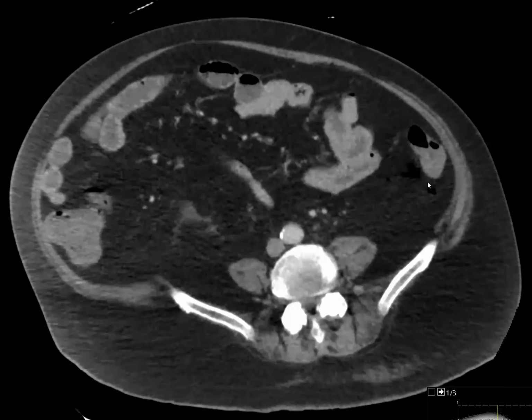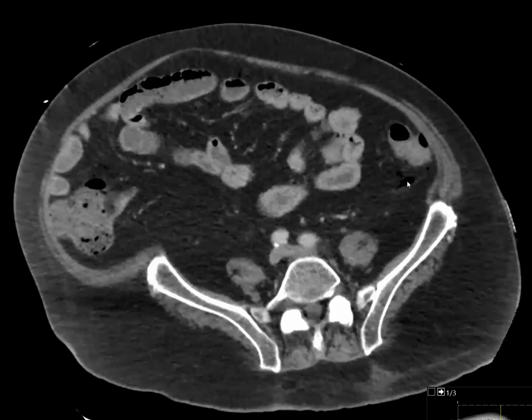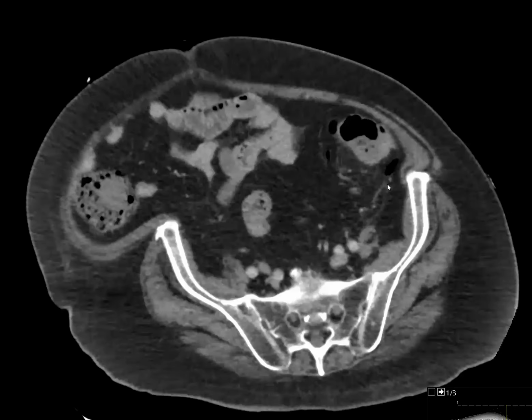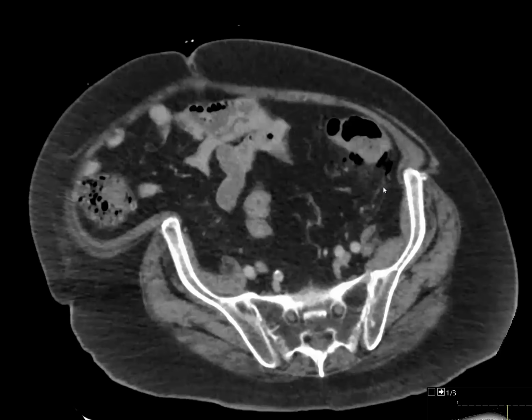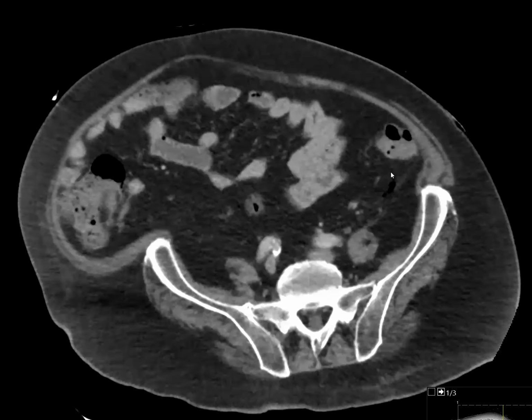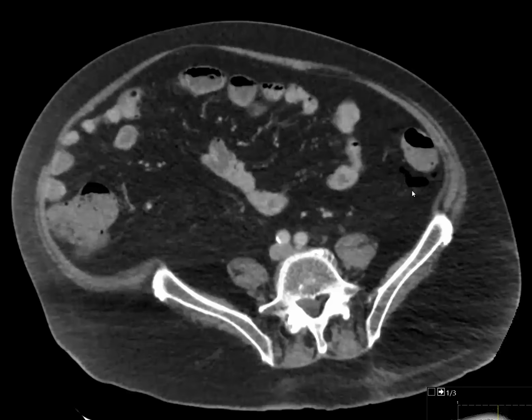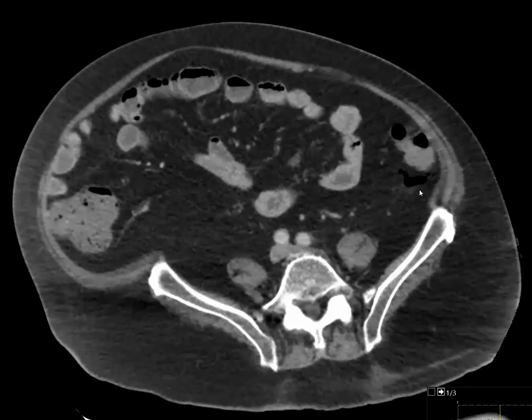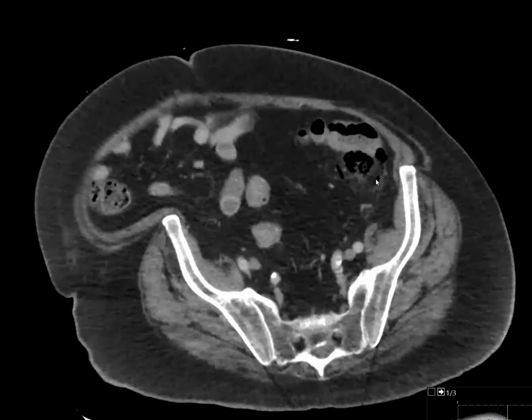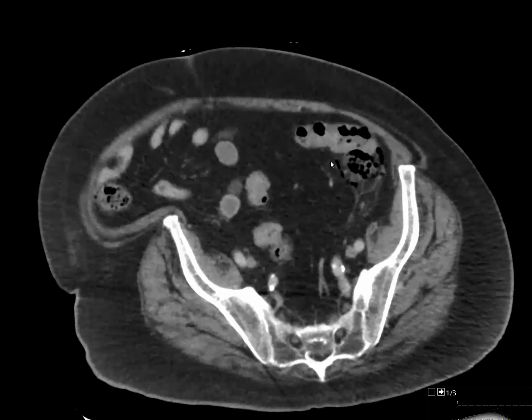All of this air is tracking in the retroperitoneal space. As we know, the descending colon is retroperitoneal structure, and this air is tracking along the retroperitoneal space along the descending colon.